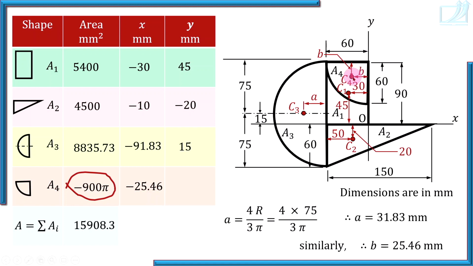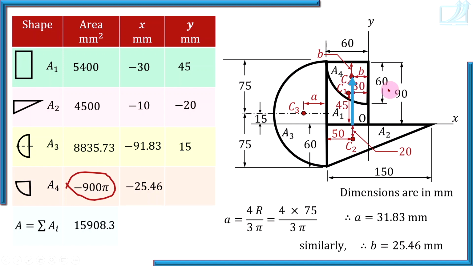And vertical distance of C4 from the x-axis. Watch here. How much is that? It is 90 minus B. Up to the top edge of the rectangle from the x-axis it is 90. 90 minus B. That is the remaining distance, the length of this blue colored arrow.